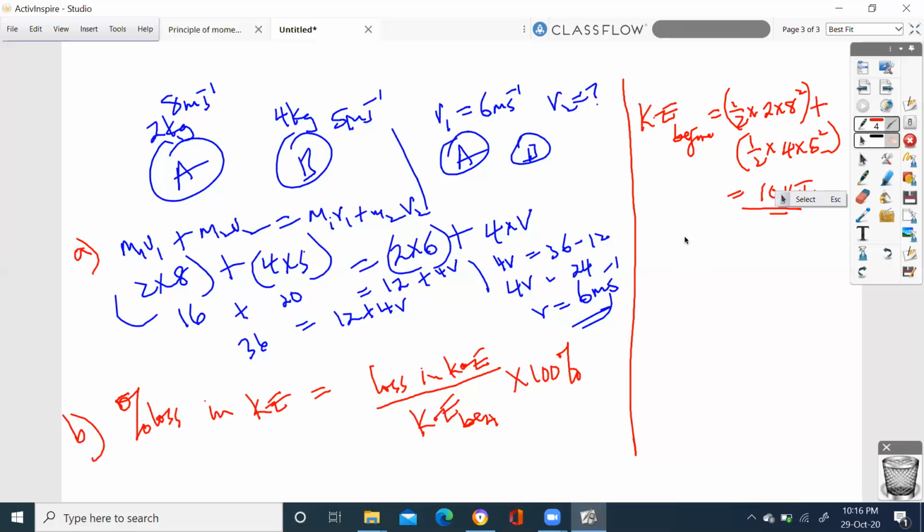The first one is 64 and the second one is 128. 1/2 times 4 times 25.